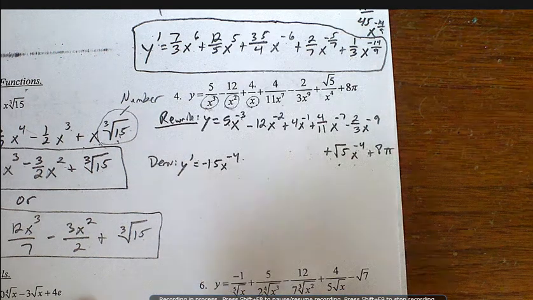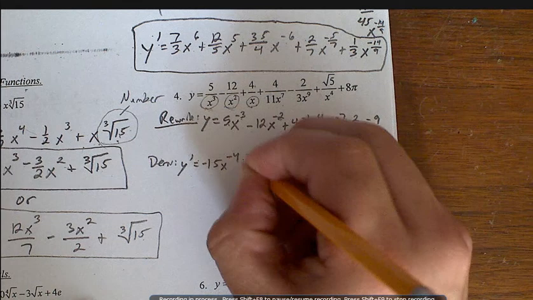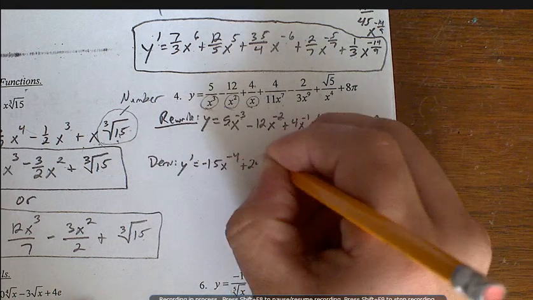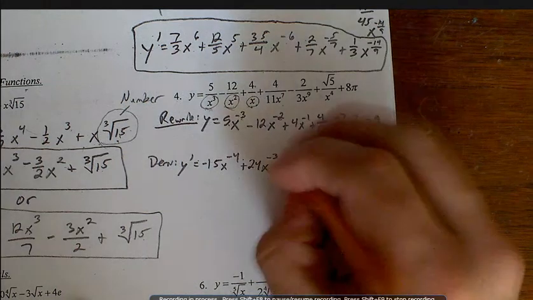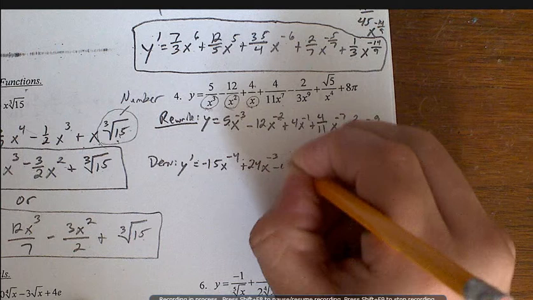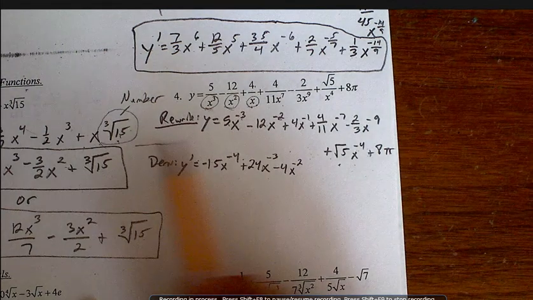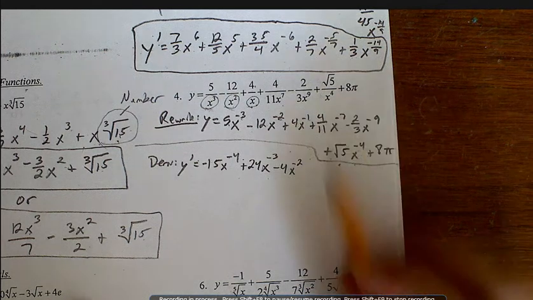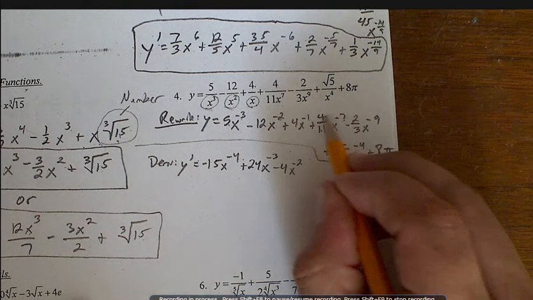Let's draw a divider here. Negative 7 times 4 elevenths. 7 times 4, so it would be negative 28 elevenths. X to the negative 8. Negative 7 minus 1. Negative 9 times 2/3. X to the negative 10.